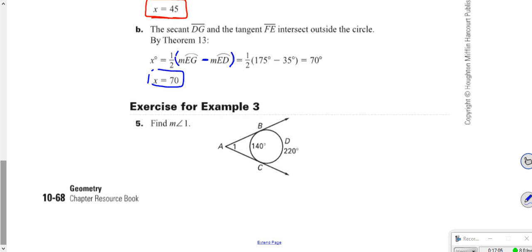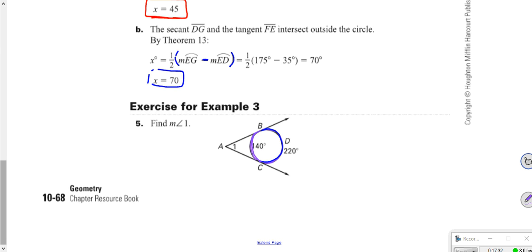Now let's look at our examples here. Actually, I guess we just have one example. Okay, so here we have two tangents. So we're looking at the measure of angle 1, and the two intercepted arcs are this and this. I should have used a different color. So this, and again, this.